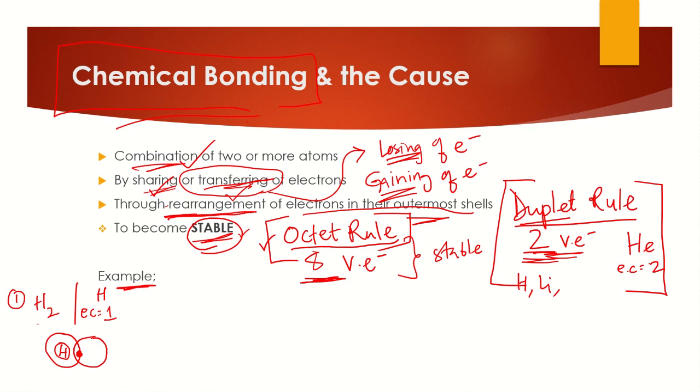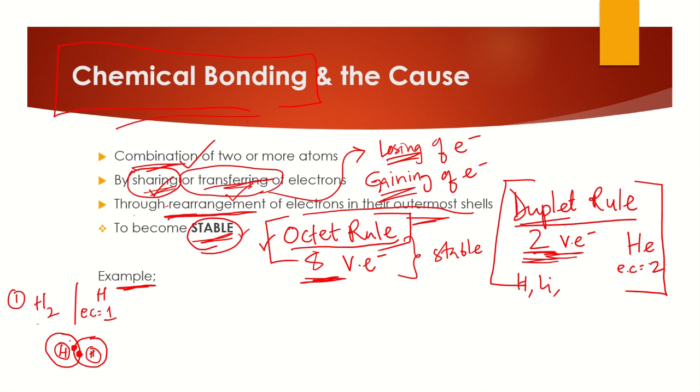I'm drawing a valence shell which is overlapping with the other hydrogen atom. The dot here represents the electron of the hydrogen. If you look carefully, the shells have overlapped, and that indicates they are sharing electrons.